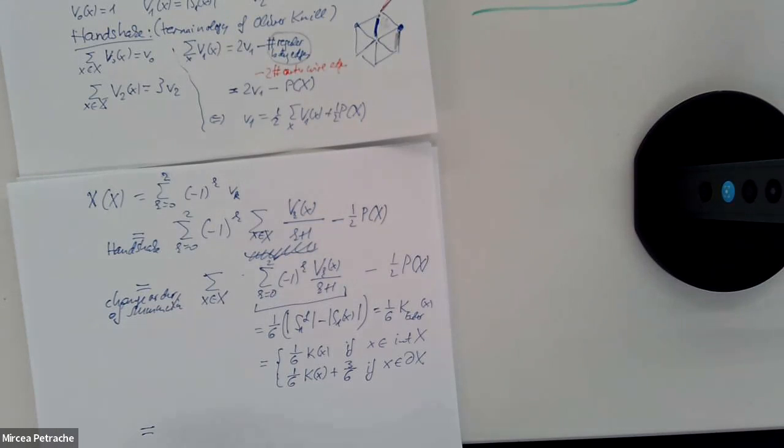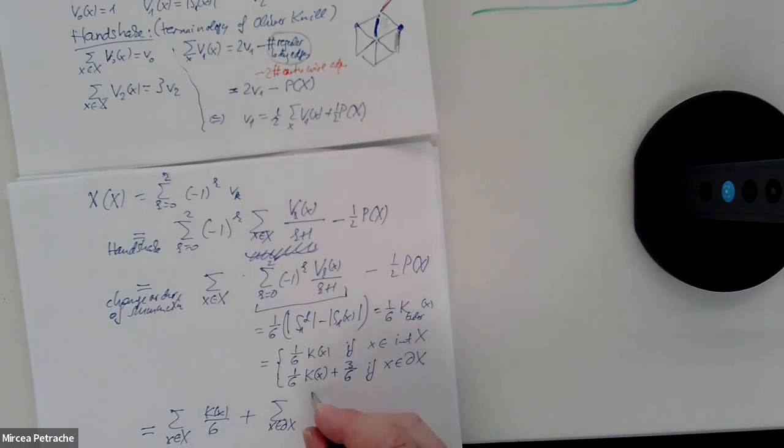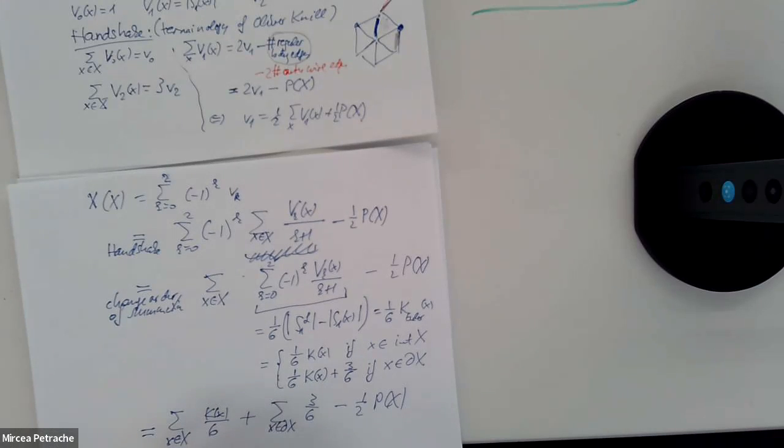So it's basically the sum over x in X of k of x over 6, plus the sum over x in the boundary of X. I write it with 3 over 6, and then minus a half the perimeter of X, and then just sort it out.